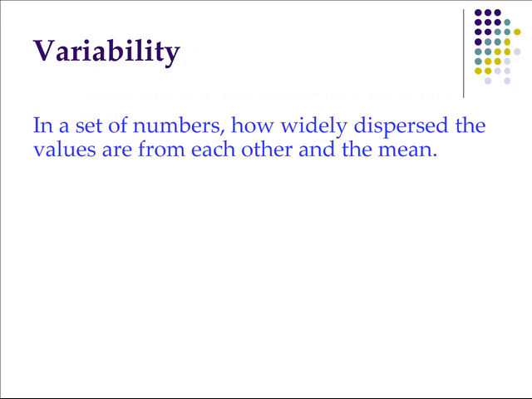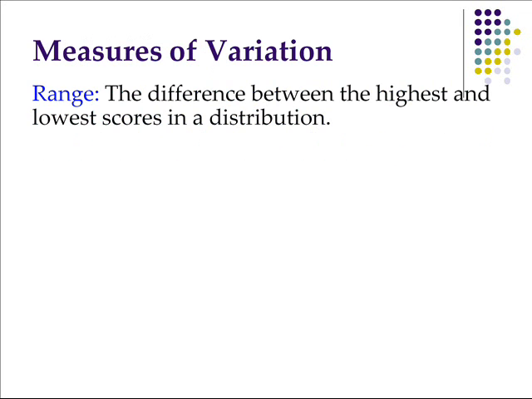In addition to central tendency, the other important descriptive measure is variability, which is the degree to which the scores on the variable fluctuate around the mean. One measure of variability is the range, which is the difference between the lowest and highest score.